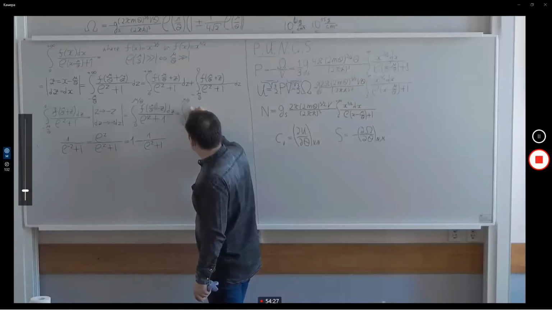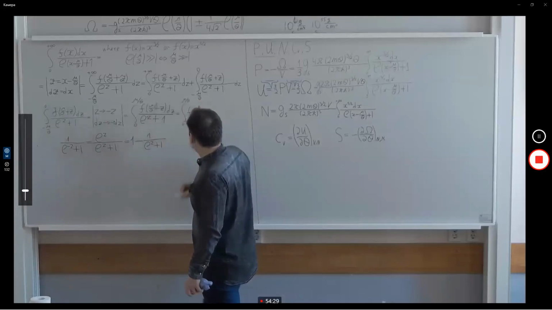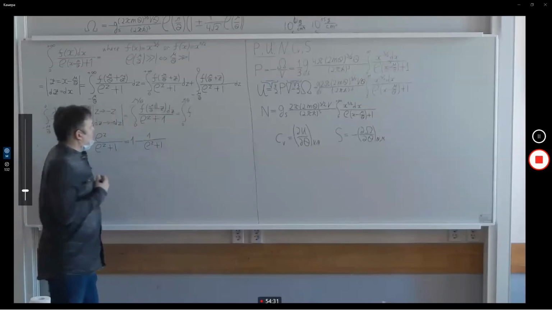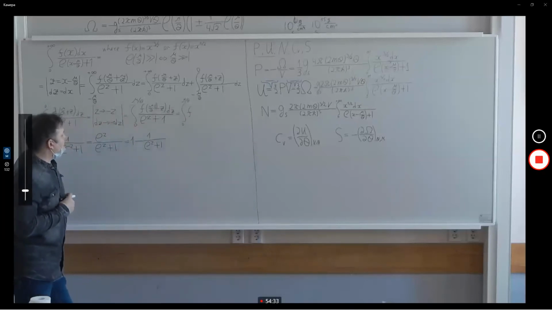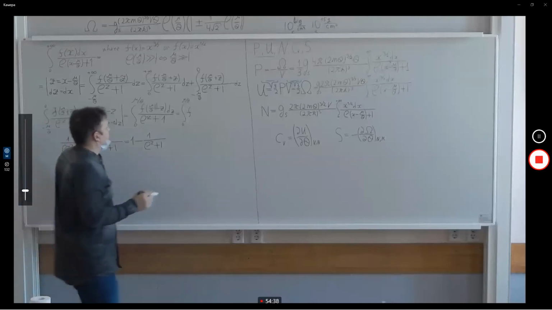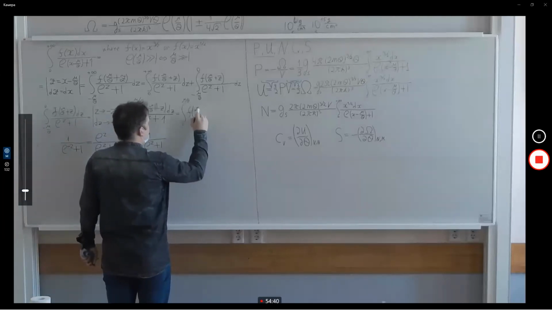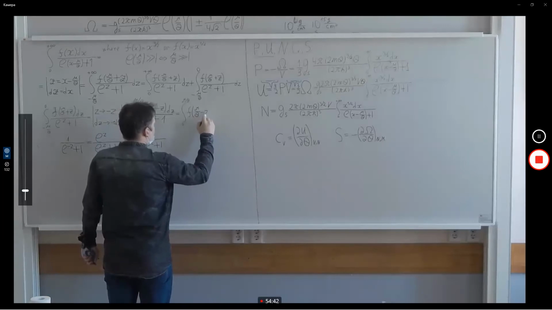Substituting this expression, I get the following. Integral to μ divided by θ of f of μ divided by θ minus z dz.